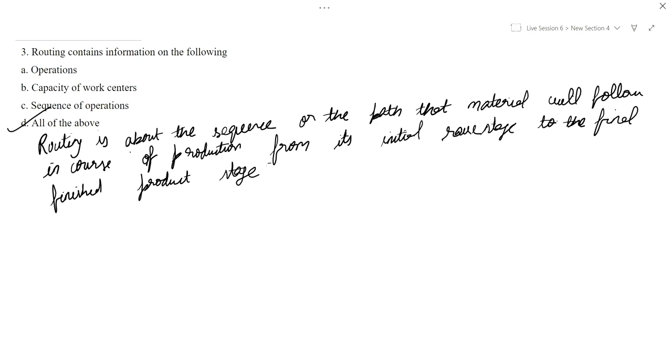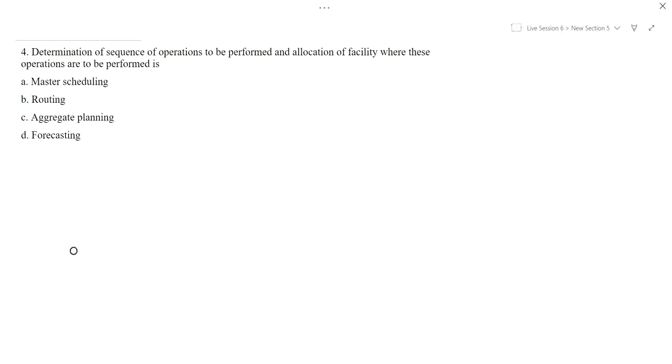Okay, so the next question is, determination of sequence of operations to be performed and allocation of facility where these operations are to be performed is, okay, we just discussed sequence of operations performed is in routing.